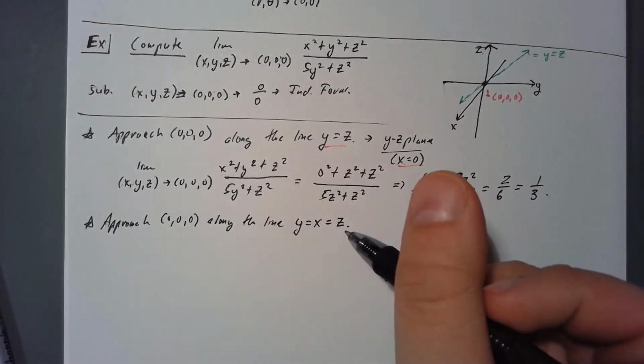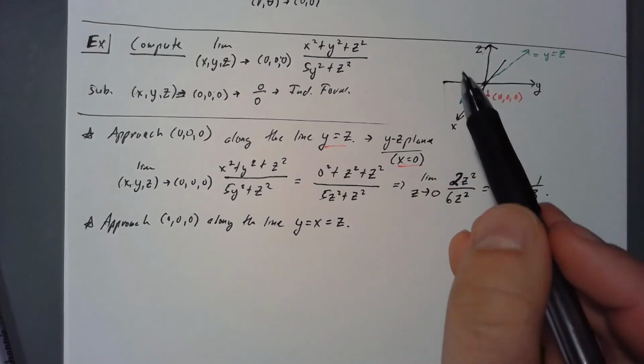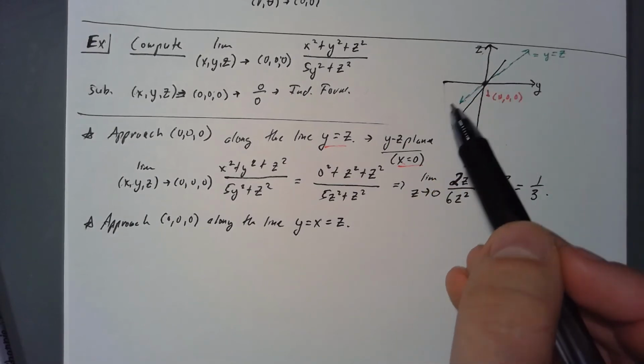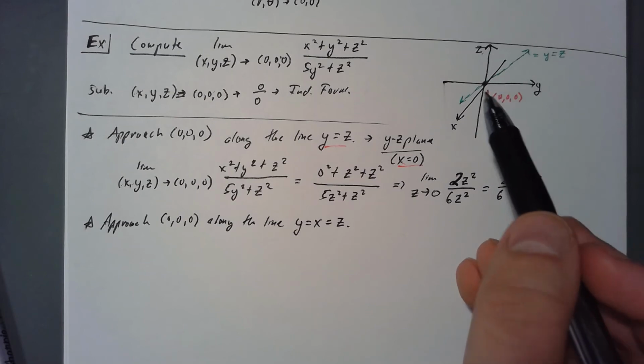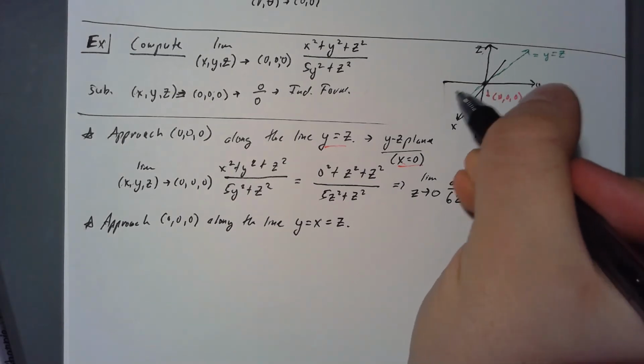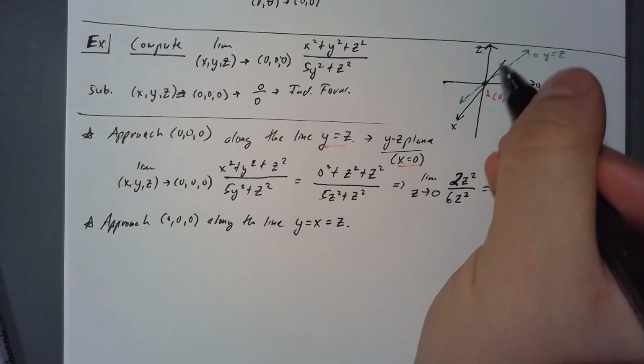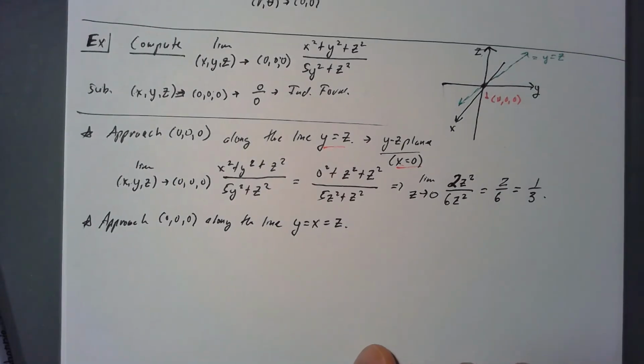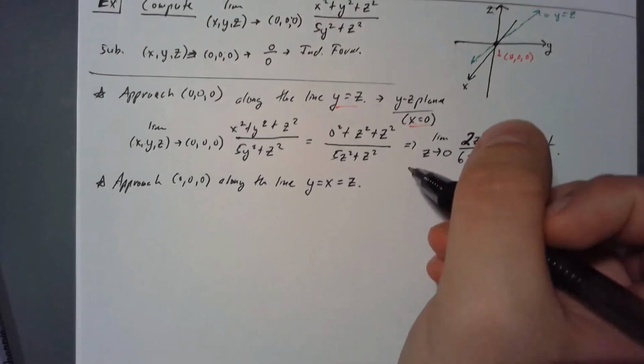This line, y equals x equals z, is just the universal line that goes through the origin in all different planes. So this plane, this plane, and this plane right here. This means they're all equal to each other. So just try that.